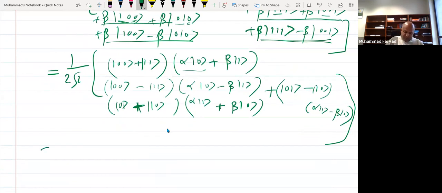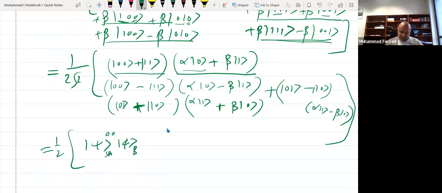And now you see if I take 1 over root 2 inside, this is nothing but psi 0, 0 state into this state, which is nothing but the phi state. But now it's coming under B, and this is coming on qubit SA, and there is a factor of half. So what is this state?